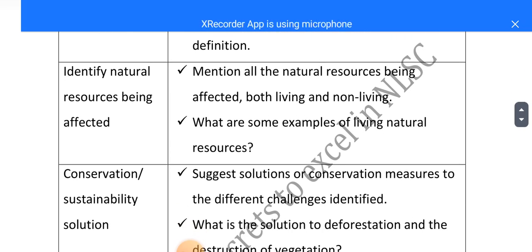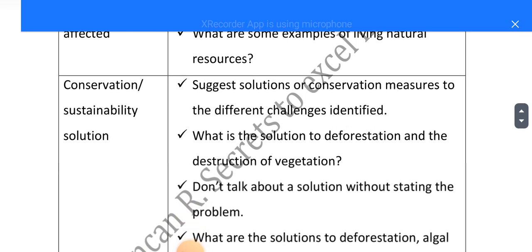Then the other basis is identifying the natural resources being affected. The criteria here is that you have to mention all the natural resources being affected, both living and non-living. Then what are some examples of the living natural resources?